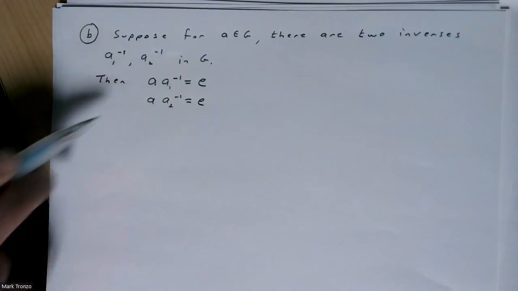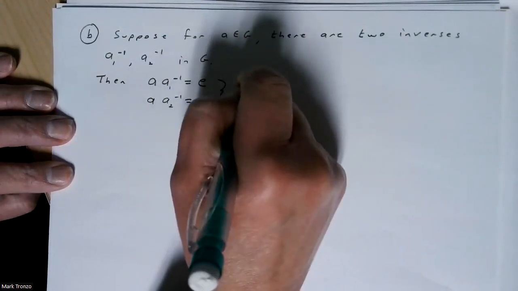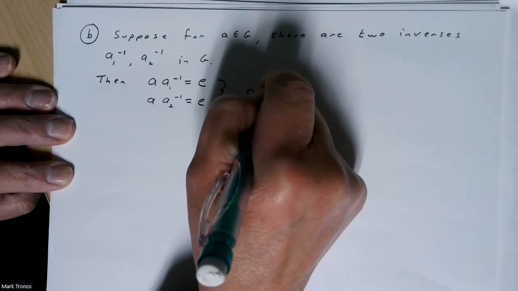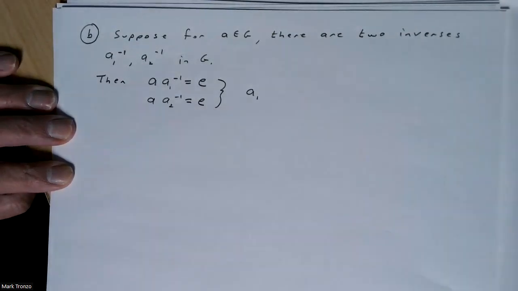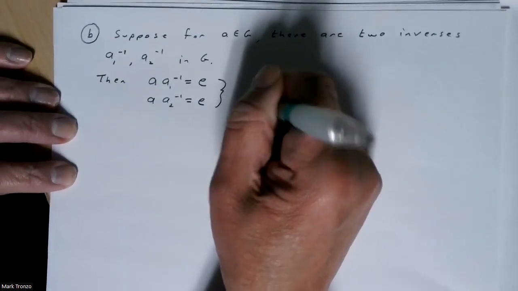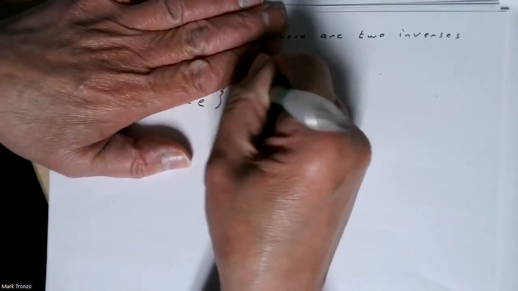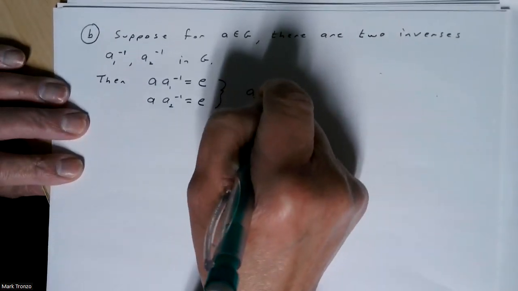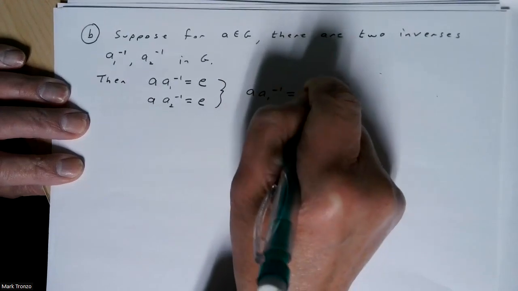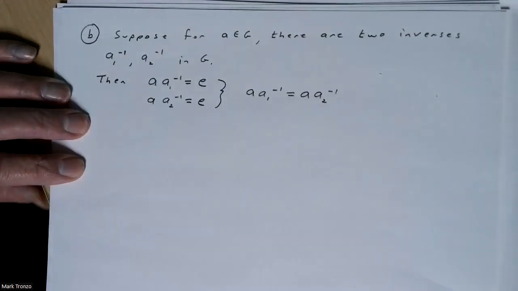So from here, since they're both E, this implies that A times A1 inverse is A times A2 inverse, like this.